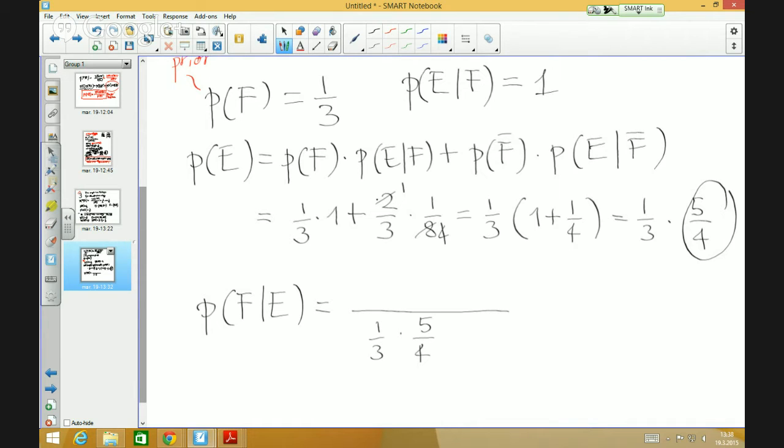Above the solid line, I write the product of the probability of F, which is 1/3, times the probability that I get head, head, head if I picked the counterfeit coin, which is 1. And now this thing and this thing cancel each other out. So what I get is 4 out of 5, which is exactly what the New York Times article told us the probability should be.